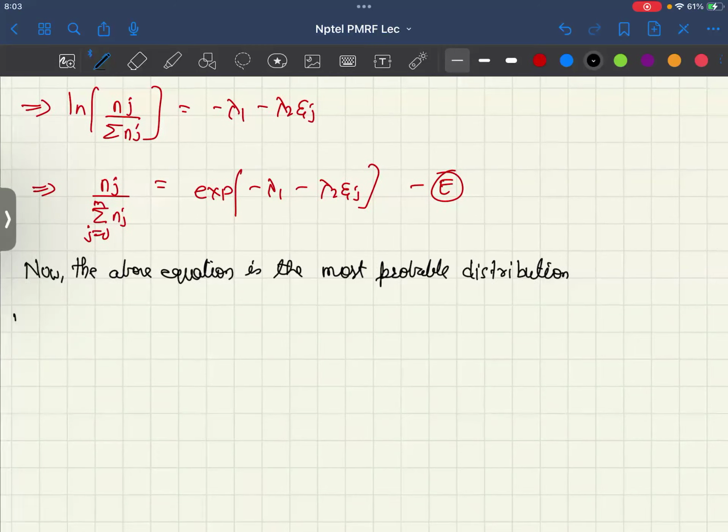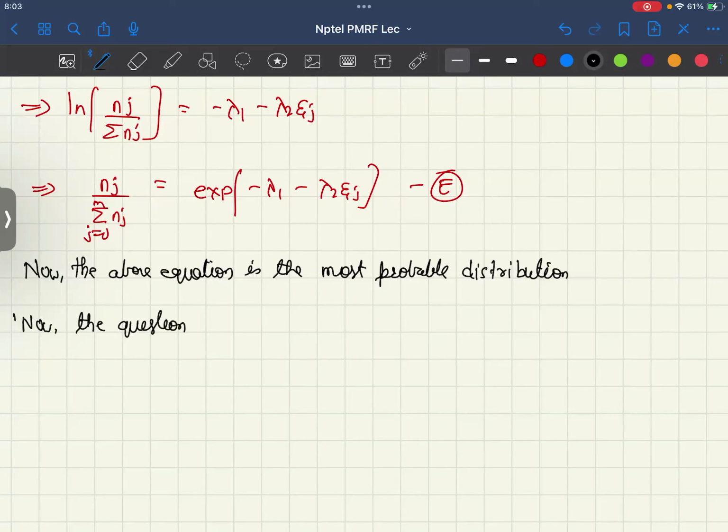Now the question is, how to find lambda 1 and lambda 2. For that we use a simple trick.